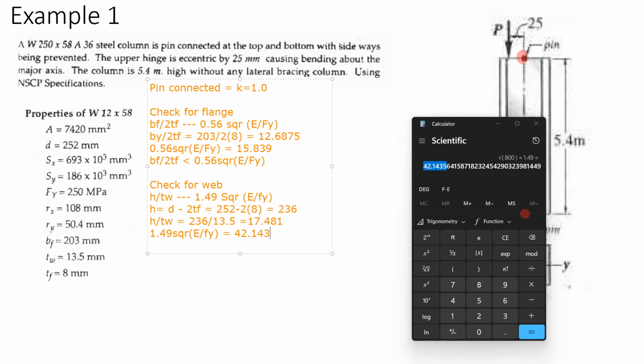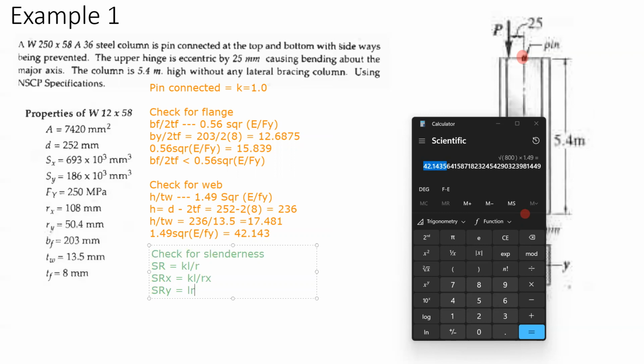Next, we check for the slenderness. So slenderness ratio is equal to KL over R. We have the slenderness ratio about the x-axis, so we just use KL over RX, and you have the slenderness ratio about the y-axis.